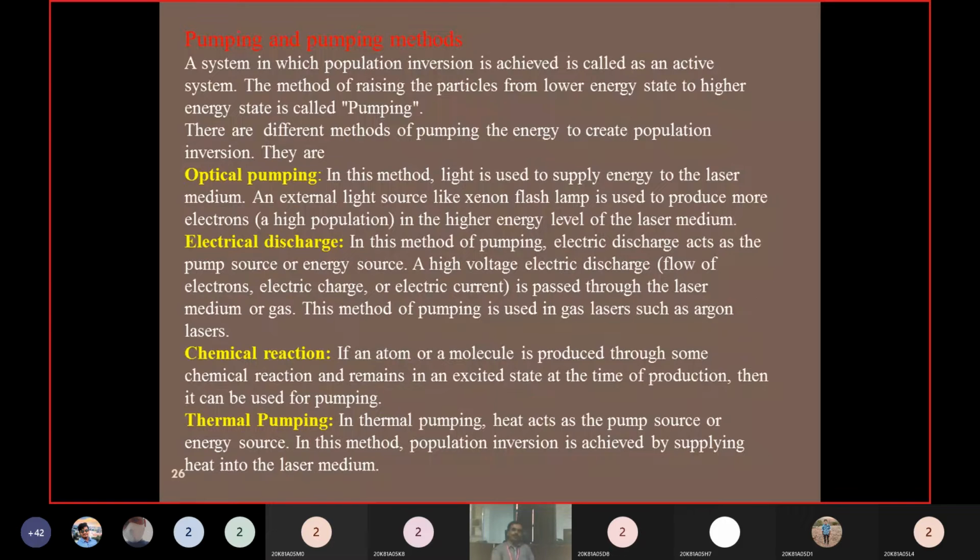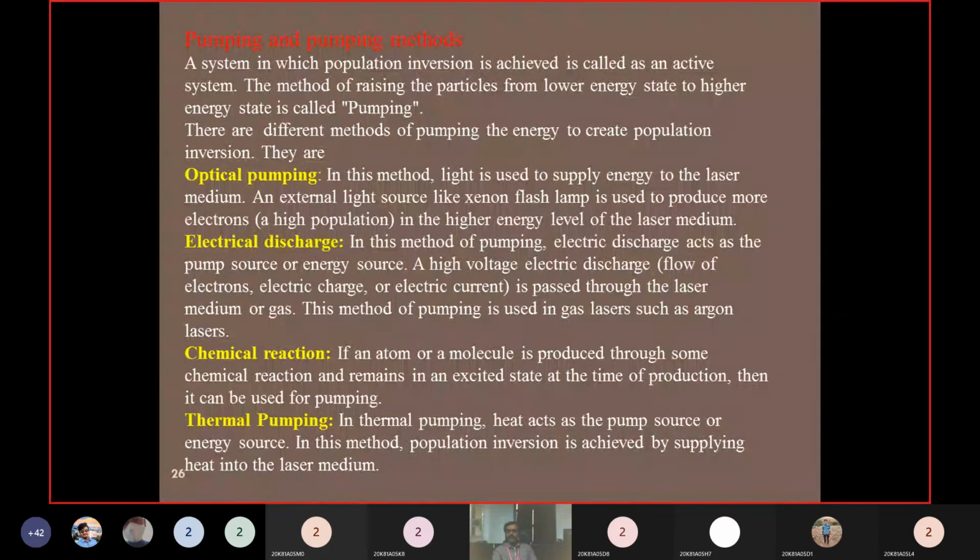So here are pumping and pumping methods. We are discussing different pumping mechanisms: optical pumping, electrical discharge, chemical reaction, thermal pumping. First of all, what is the active system? A system in which population inversion is achieved is called an active system.